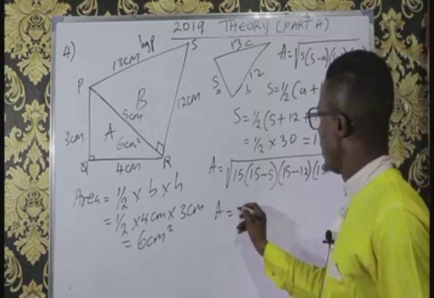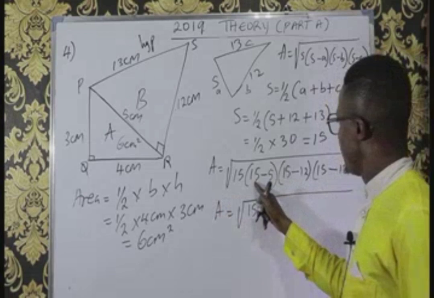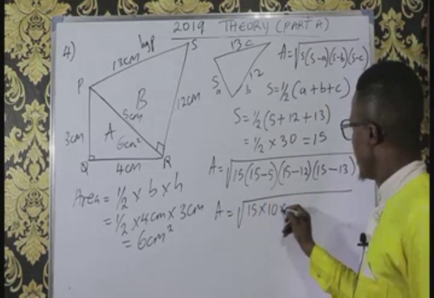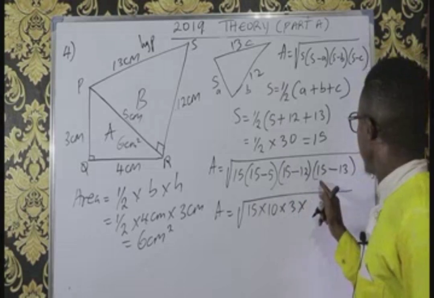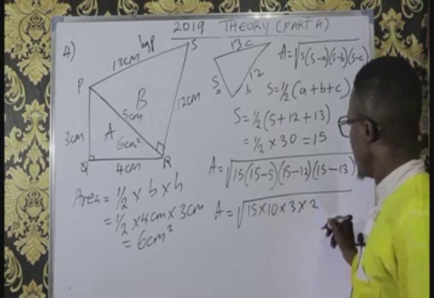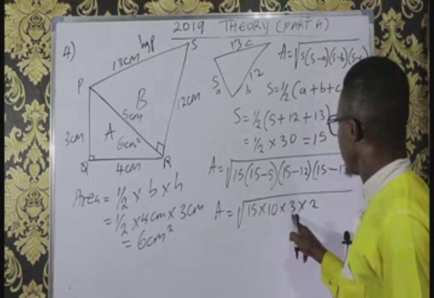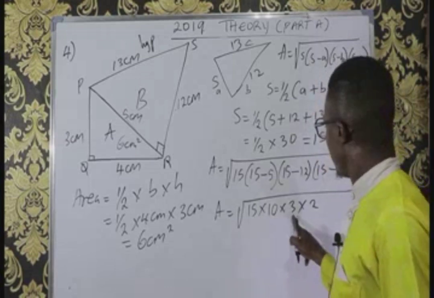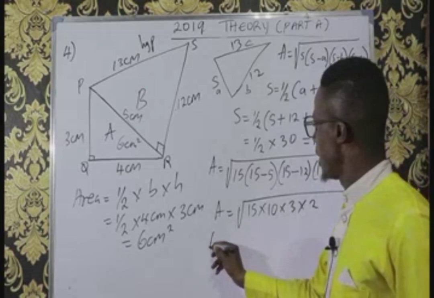So the area will be the square root of 15 times 15 minus 5, which is 10, times 15 minus 12, which is 3, times 15 minus 13, which is 2. Okay, now 15 times 10 is 150. 150 times 3 is 450, and 450 times 2 is 900.